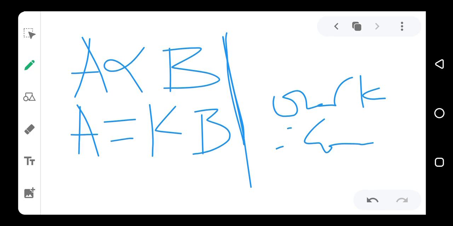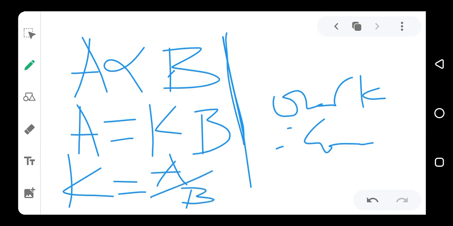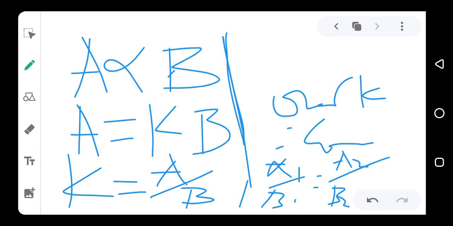If you go straight and put the formula and start solving, you will lose the marks you are supposed to get from these steps. Now, when you state this, you say that K is the subject of the formula, K is equal to A over B. And now you say that A1 over B1 is equal to A2 over B2.